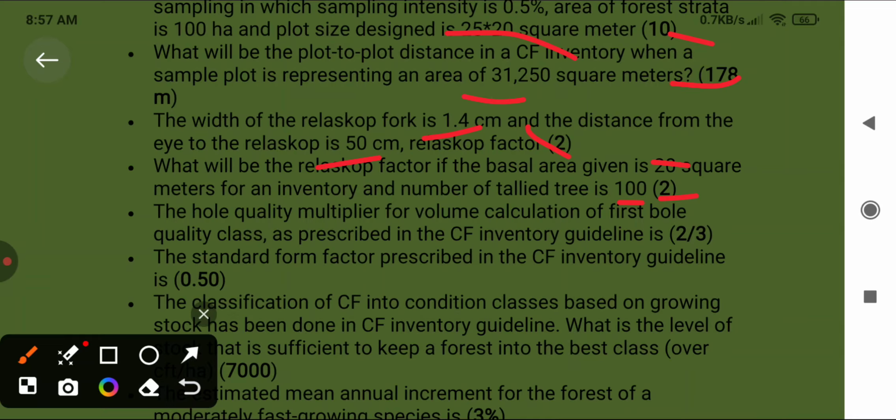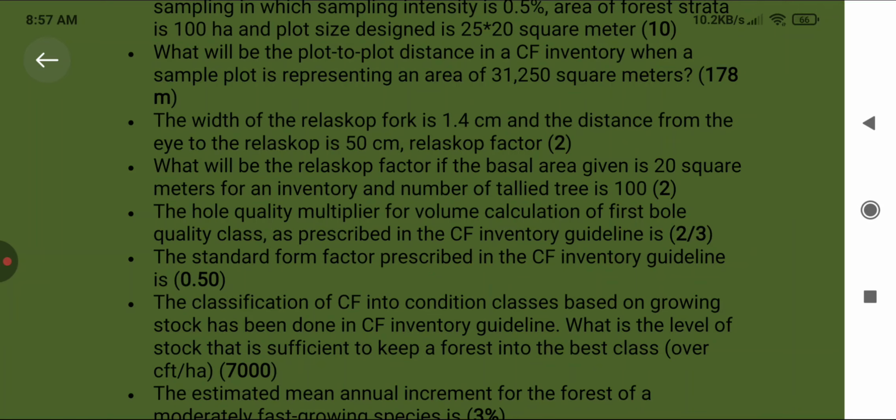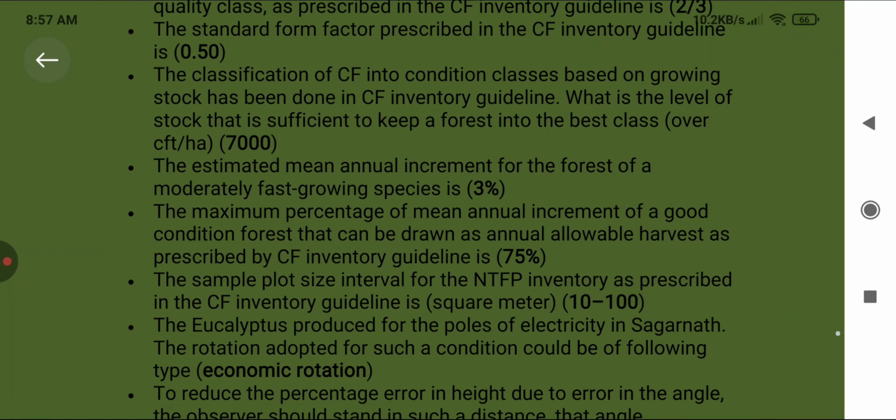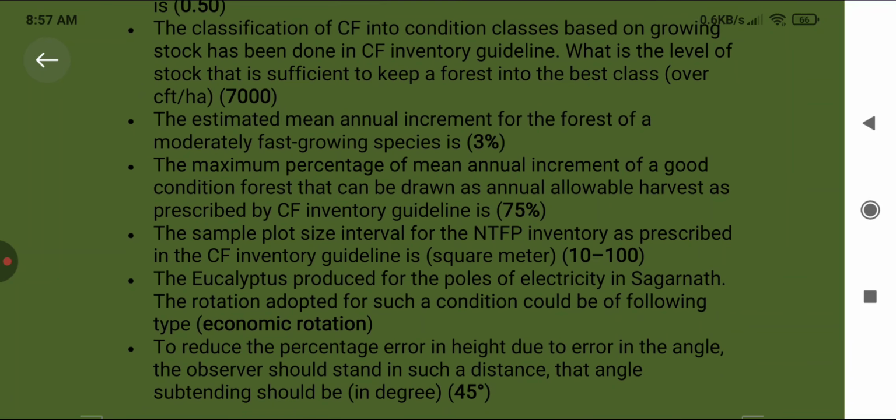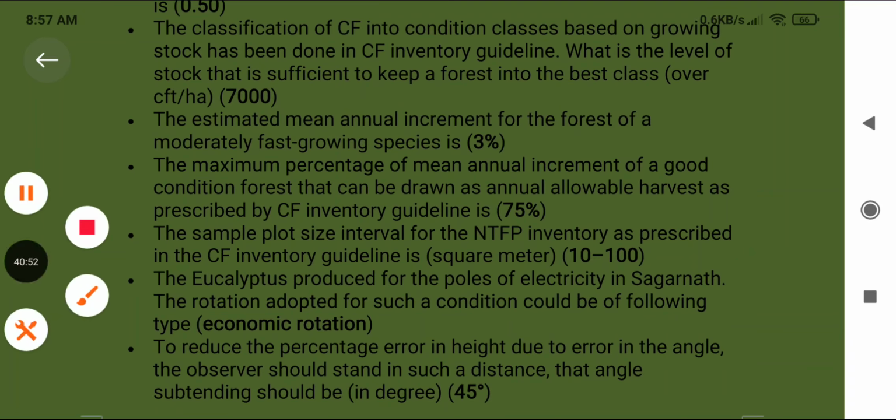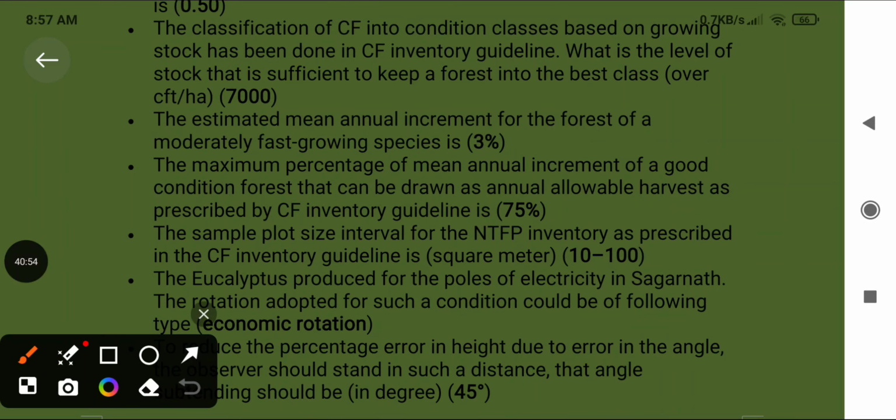The whole quality multiplier for volume calculation of first bole quality classes prescribed in the community forest inventory guideline is 2/3. The standard form factor prescribed in the community forestry guideline is 0.5. And classifications of the community forestry into condition classes based on growing stocks has been done in community forestry inventory guidelines.